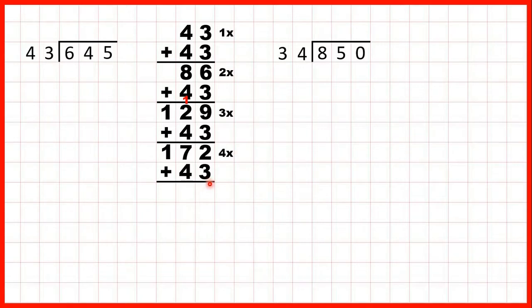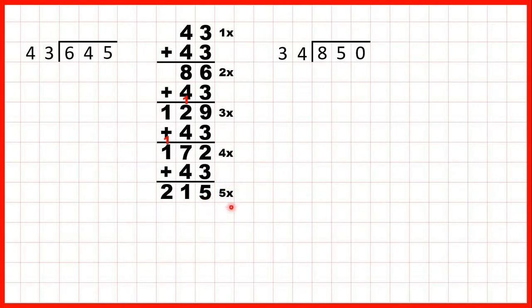So if we add another 43, 2 plus 3 is 5, 7 plus 4 is 11, so 1, 1, and 1 plus 1 is 2. So we get 215 for 5 times 43. And we can be confident that we haven't made any mistakes with the addition, because remember, 5 times any number always ends in a 0 or a 5, and 215 ends in a 5.